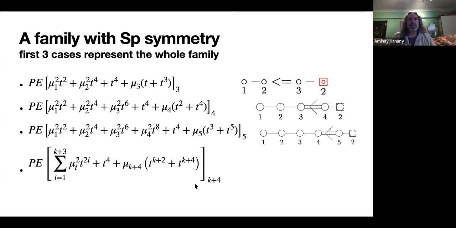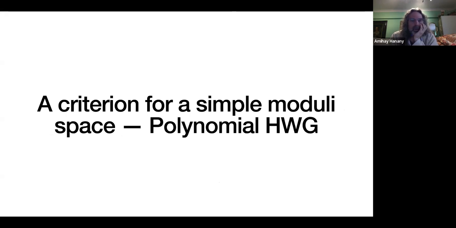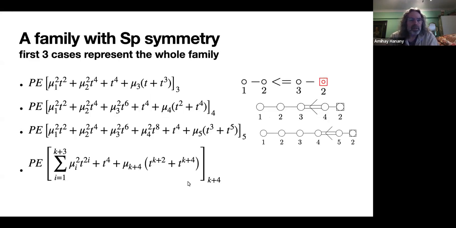So we have a nice family. And what can I do with this family? Before proceeding, I could just declare a criterion for a simple moduli space. In all of those moduli spaces, the highest weight generating function is a PE of a polynomial.